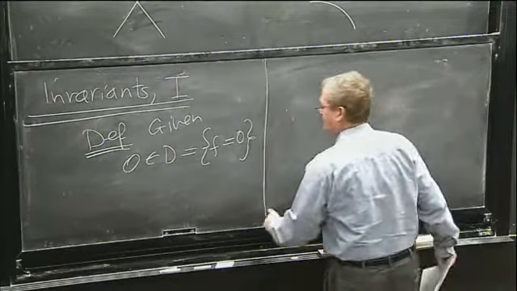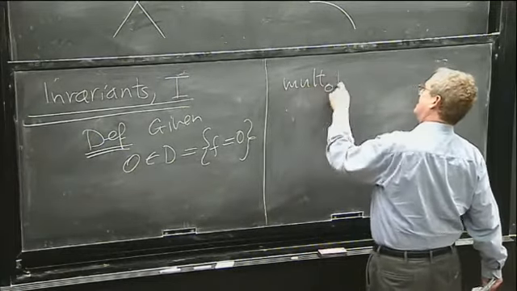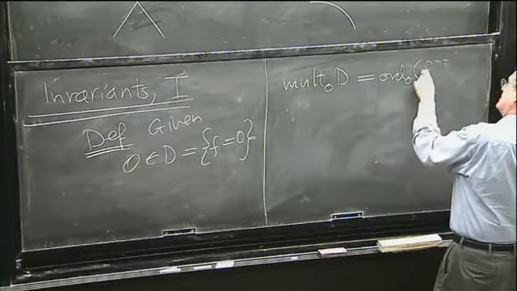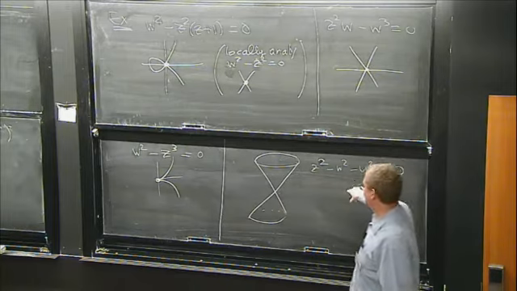The multiplicity of D at 0 is, by definition, the order of vanishing of f at 0. This is the most naive thing you can do: you take whatever equation f is defining, and you look at the lowest degree term that appears there.